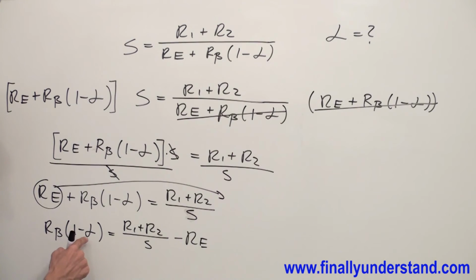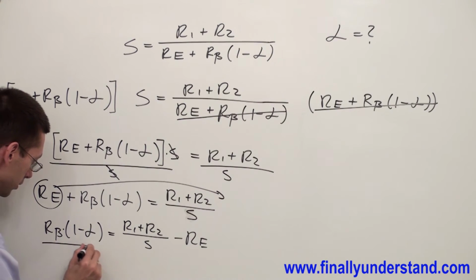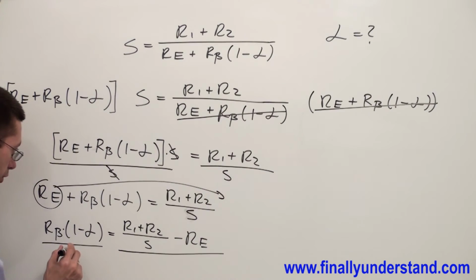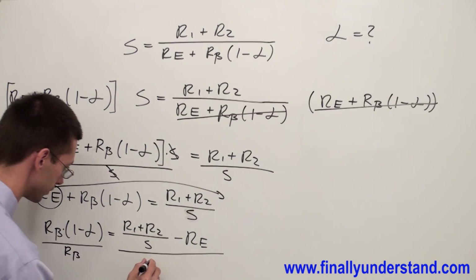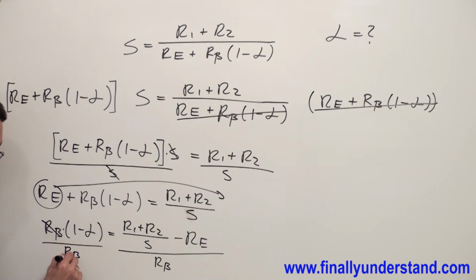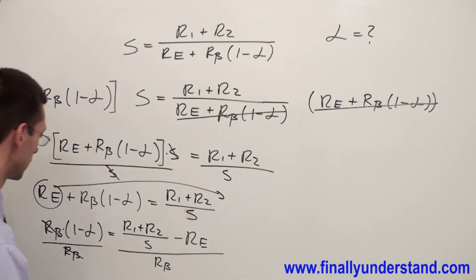Next, my alpha is inside of the parentheses. I do not want to have Rb multiplied to the parentheses. Again, anytime I want to eliminate multiplication, I have to use division. That's why I'm going to divide both sides of the equation by R beta. R beta and R beta will cancel out.